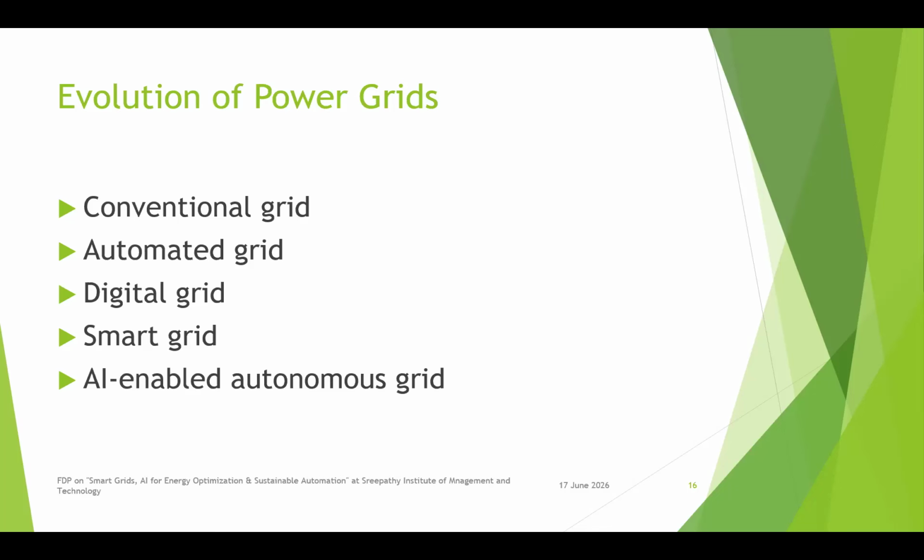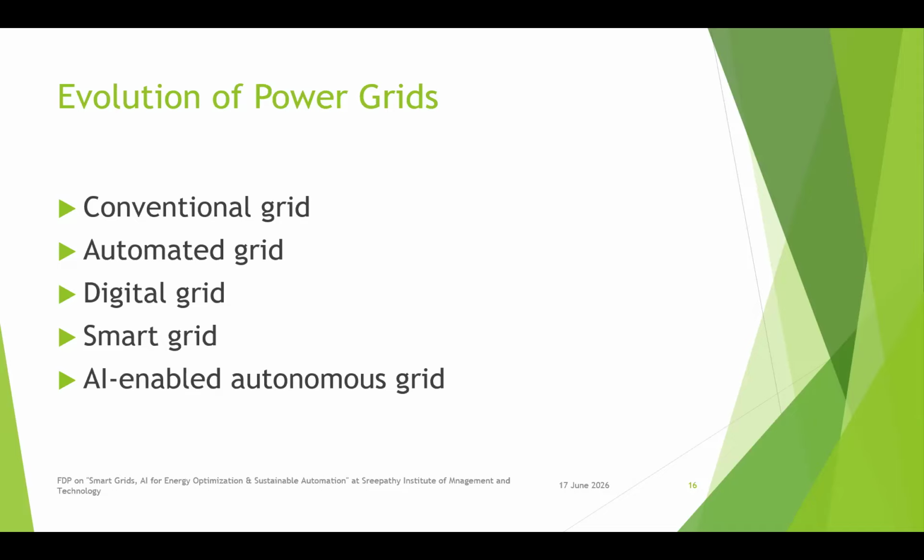SCADA is utilized for remote monitoring and for controlling the grid operations. Compared with the conventional grid, it improves fault detection easily and also increases the efficiency of the system. Therefore, consumer utilization is increased in the automated grid system.